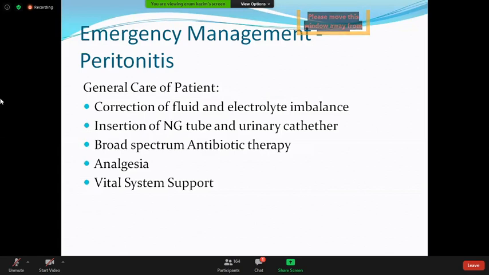If the expertise is available, then we can offer them epidural analgesia or epidural infusion. Pain management plays an important role in the early mobilization of the patients. And lastly, if the patients need respiratory support, then we have to offer ventilators.